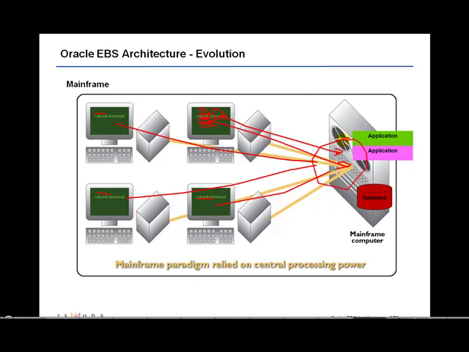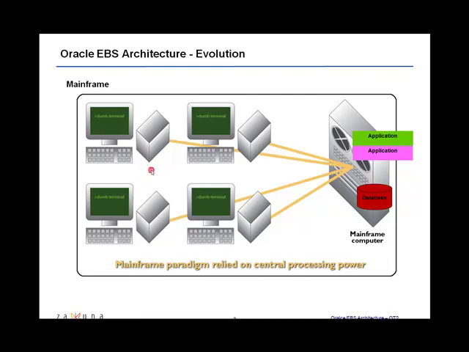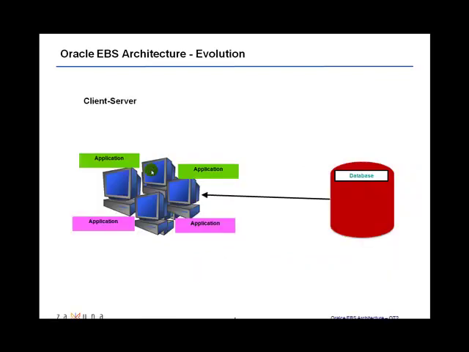This resulted in performance issues, and at that point came the next architecture during the early and mid 90s: the client-server architecture.